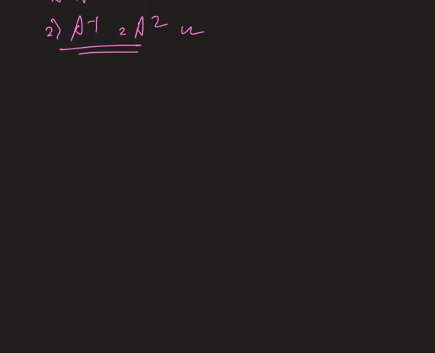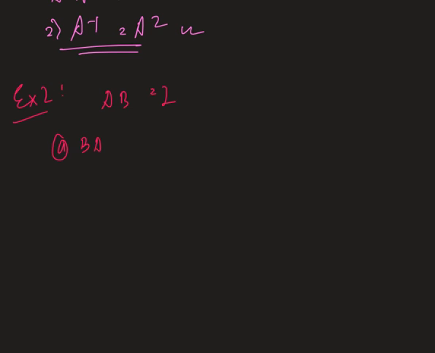Now take another example. Example 2. Suppose A and B are two square matrices such that AB equals I. Here A and B both are square matrices. Suppose we have four options and we need to find which of these are not true.